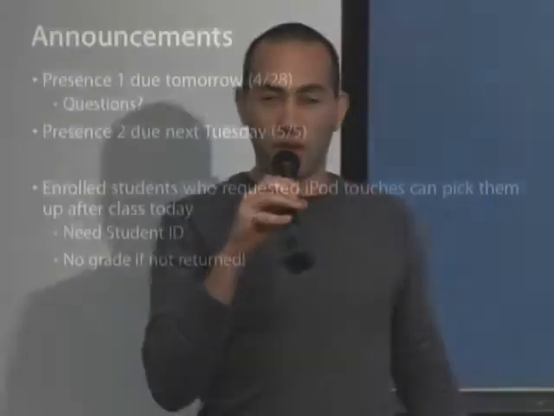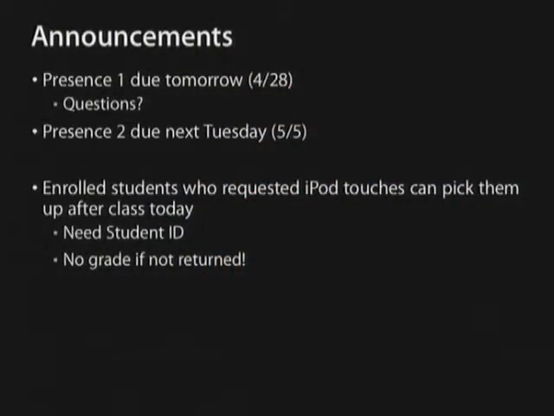So a few announcements before we get started. First of all, the assignment for Presence 1 is due tomorrow at 11:59, so be sure to have it in. Any questions on Presence 1? There's one thing I want to cover first, which is that a lot of people have asked if you have 3 buttons, do you have to have 3 actions to handle each one?